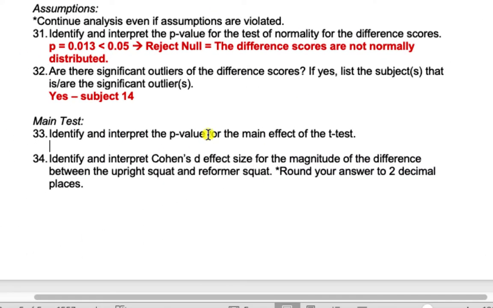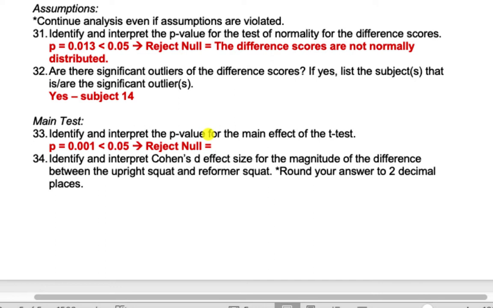So in this case, we have a p that is equal to 0.001, which we know is less than 0.05, which tells us to reject the null, right? And the null for a t-test is that there is no effect of the independent variable on the dependent variable, or there's no significant difference, right?